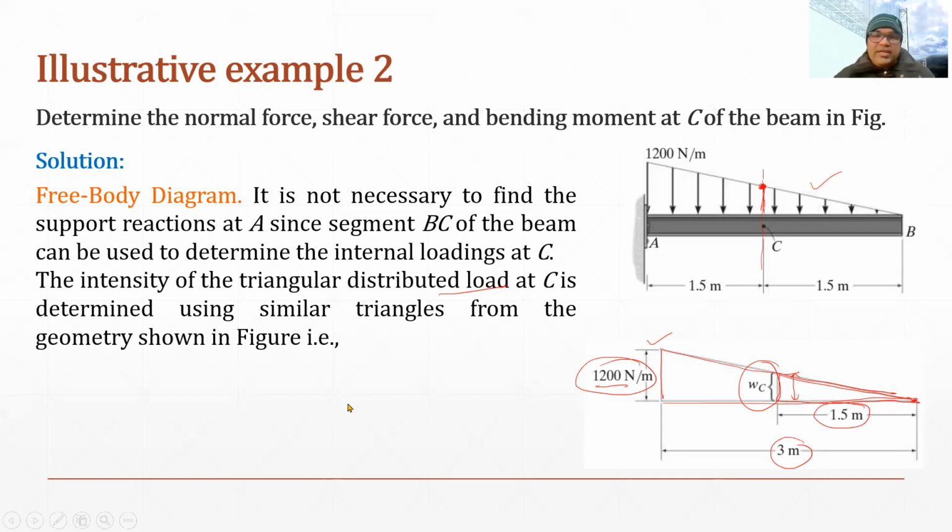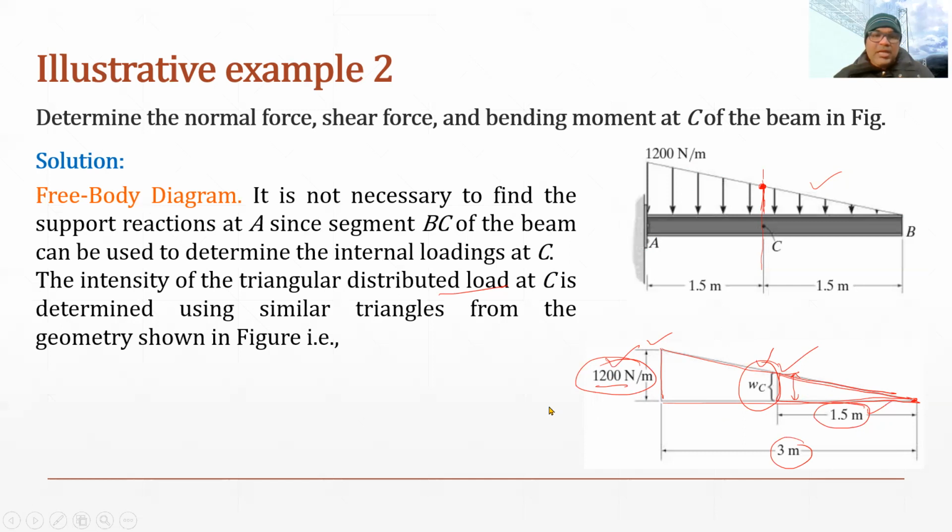So using the similar triangle property, we can find out the value of the intensity at C, which we are representing as WC. Also, in this case it is very easy to determine. You can see here, the point C is located at mid-span of the beam. So both spans are half-half, and this value is 1200. So obviously WC will be 600 Newton per meter.